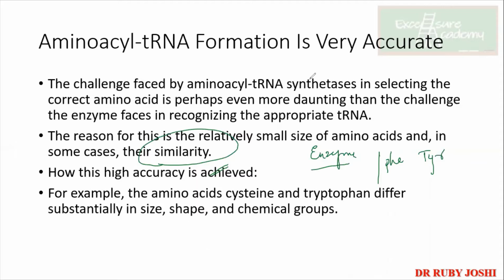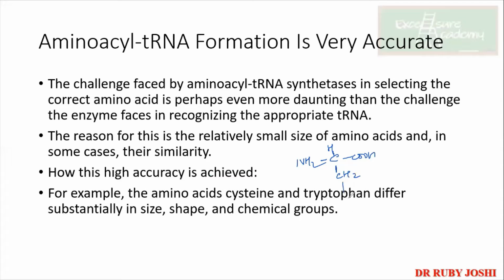So see, I'll draw for you then. Okay, so it's like this. You have the basic structure, where you first write NH2, COOH and H. Now to the side chain: side chain CH2 and then you have the ring.